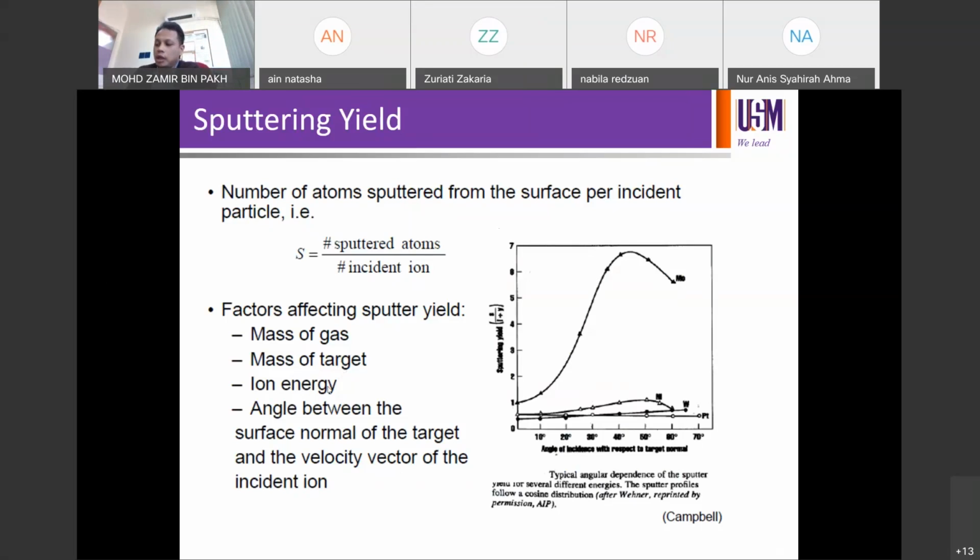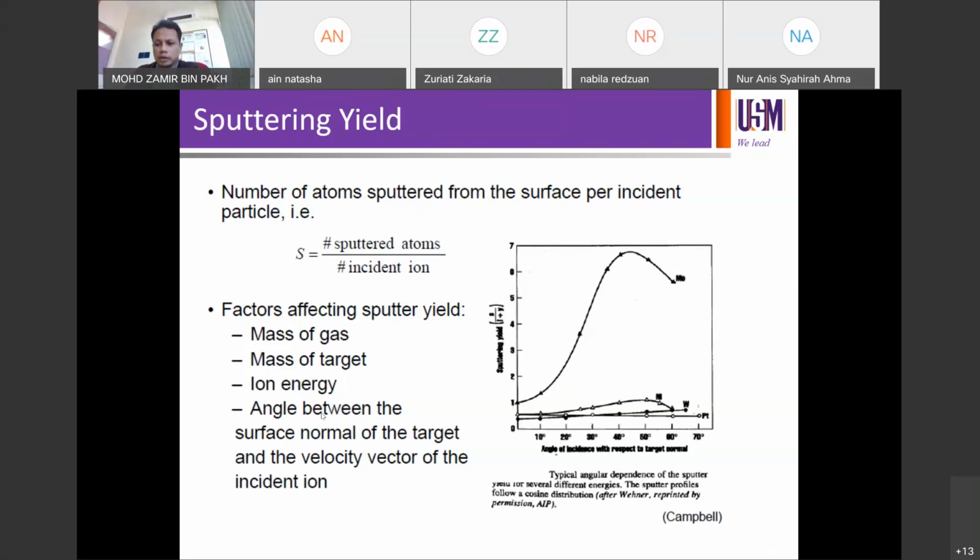If you have done any sputtering process, you will see there are a few settings that you need to key into the system before you actually start the deposition, right? You can check that out. If you're referring to our lab, there is a table of materials with specific settings that you need to key into the system before your sputtering process.